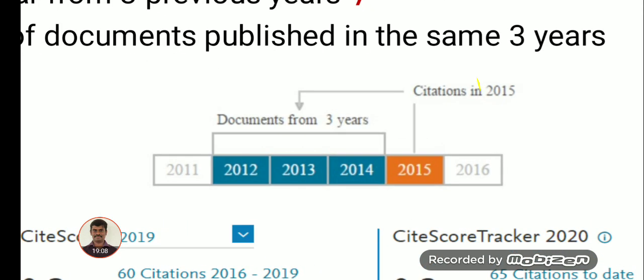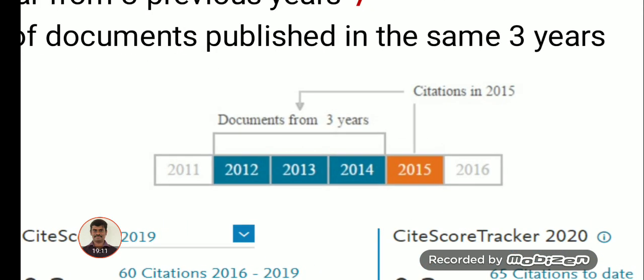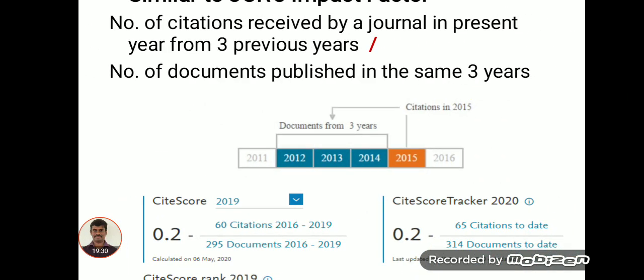So here you can see in 2015 the citations are counted for all the articles which is published from 2012 to 2014, and also the total number of articles published from 2012 to 2014 is also counted, and it is applied to the formula: total number of citations in the previous 3 years divided by the total number of documents published in the previous 3 years. So that is how it's calculated.